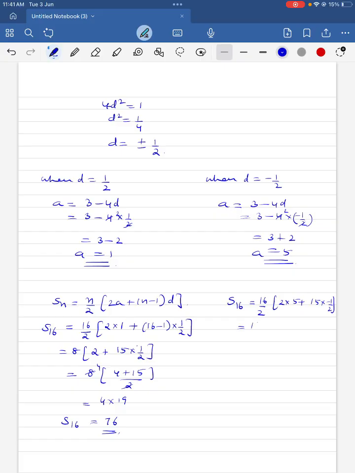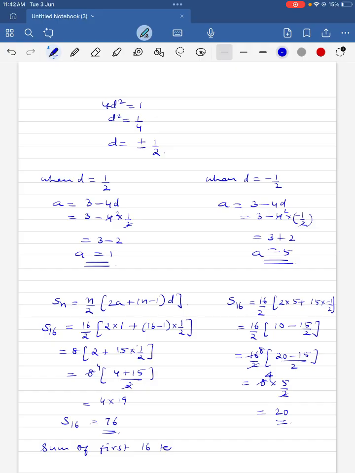So that would give me 16 by 2 times (10 minus 15 by 2), which is equal to 16 by 2 times (20 minus 15) by 2, which is 8 times 5 by 2, which is equal to 20. So the sum of first 16 terms is 20 or 76.